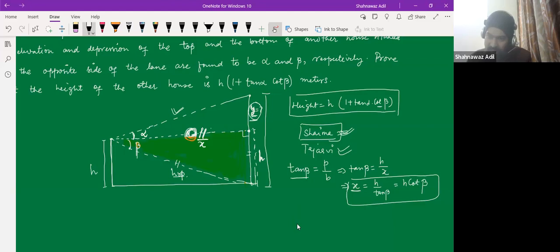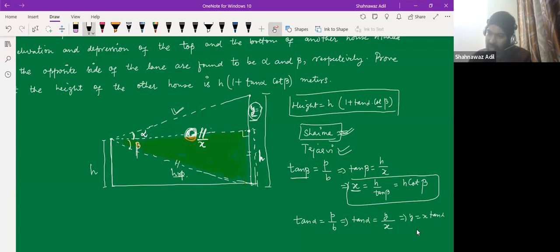In the upper triangle, tan alpha would be perpendicular by base. Perpendicular is y, and the base you have calculated, that is x. So y would be x tan alpha.